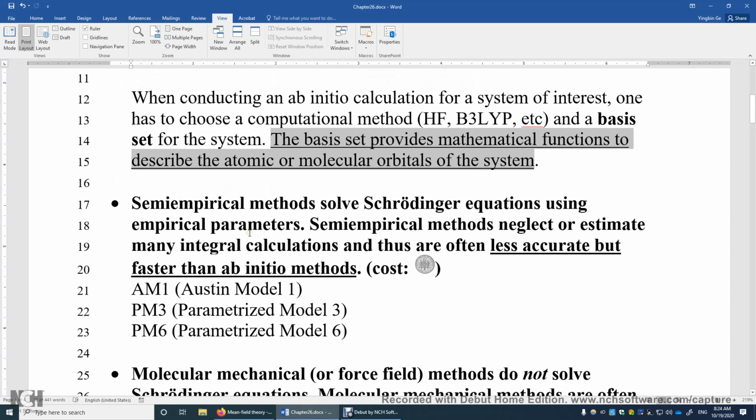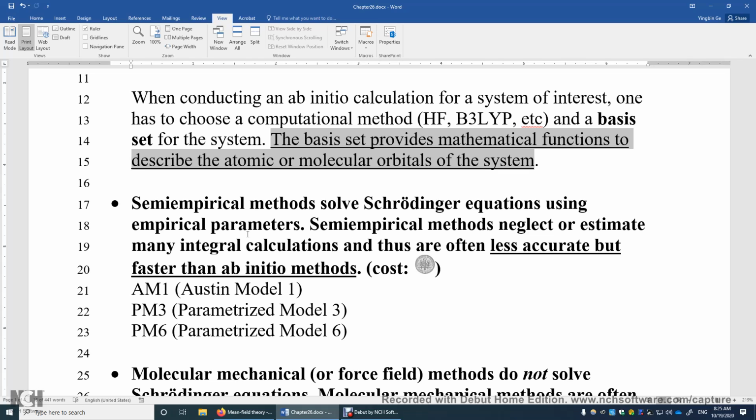The second category, semi-empirical methods. Semi-empirical methods are similar to the Hartree-Fock methods. It's just that in the Hartree-Fock calculations, we need to calculate many integrals, and that's very tedious and very time-consuming. So in the semi-empirical calculations, we neglect some of these small integrals. We estimate some significant and important integrals.